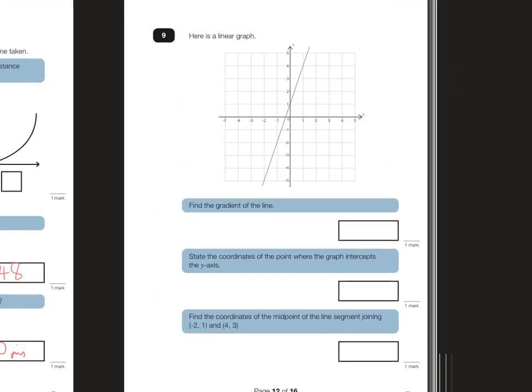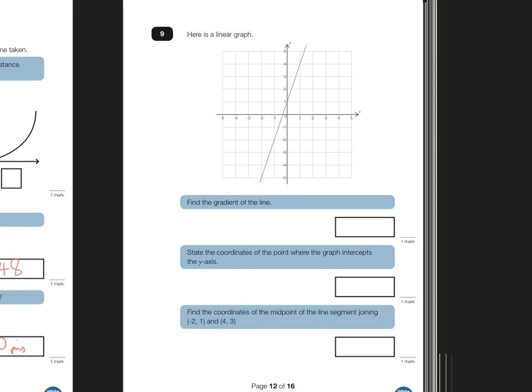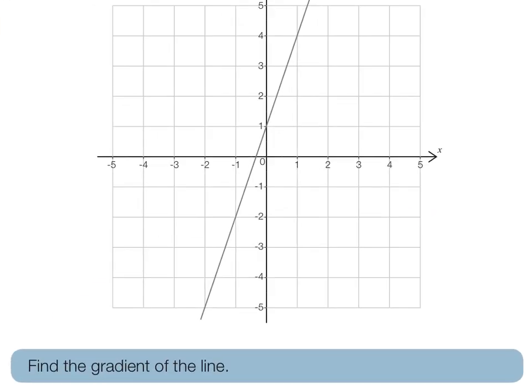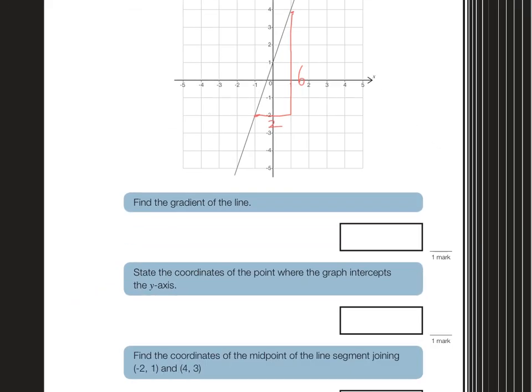Number 9, linear graph, straight line. So gradient, we choose any 2 points that we want, preferably ones that go through corners like here and here. That's 2 there and 6 there, and I do the change in y, which is 6, divided by the change in x, which is 2. 6 divided by 2, 3.